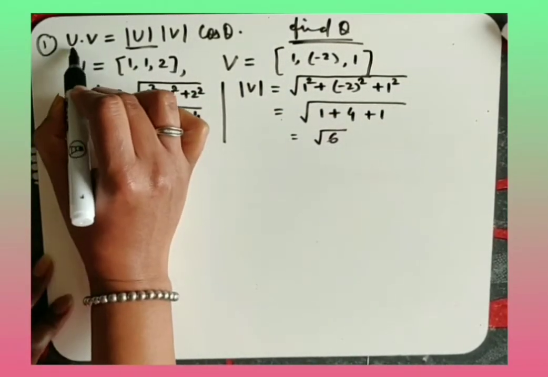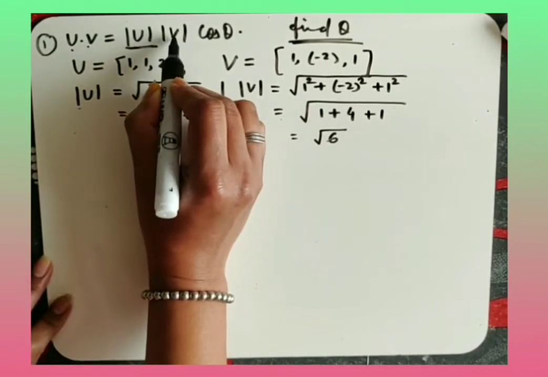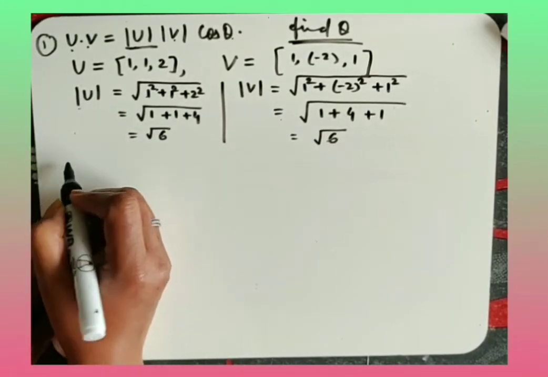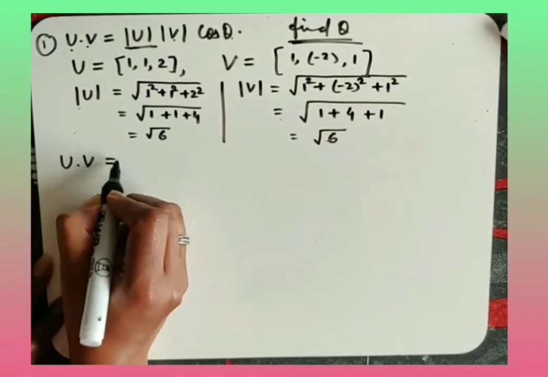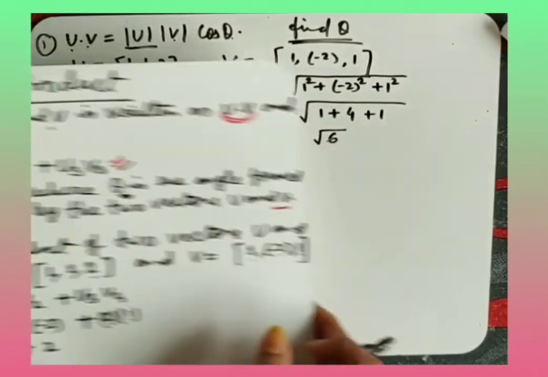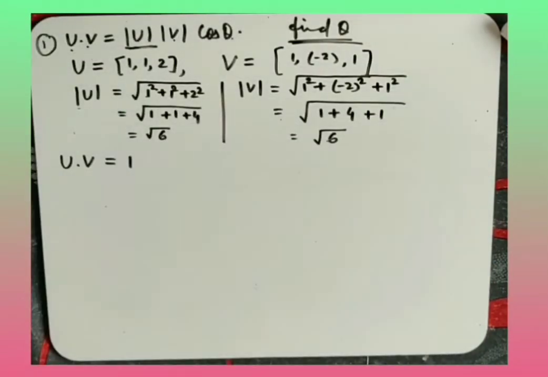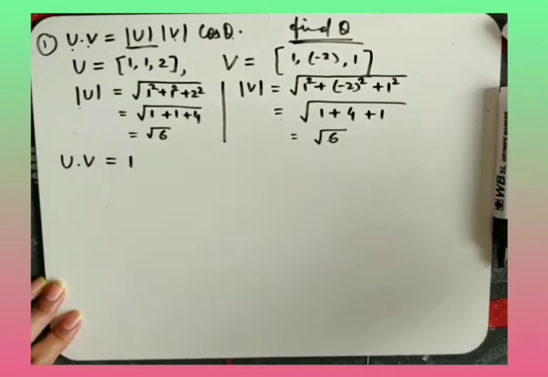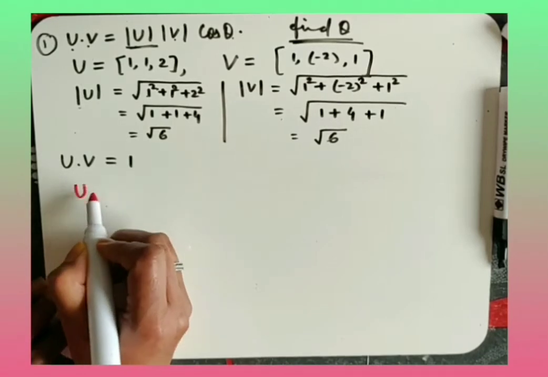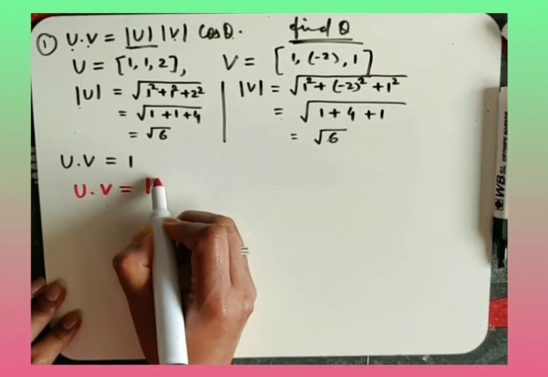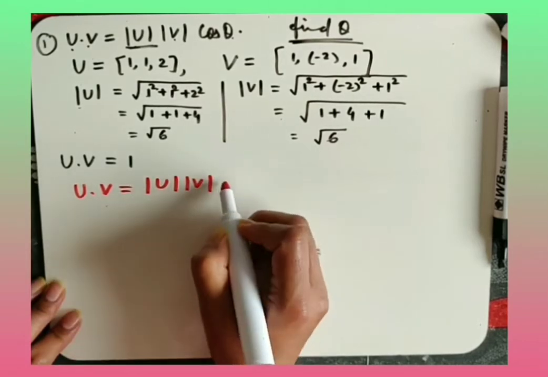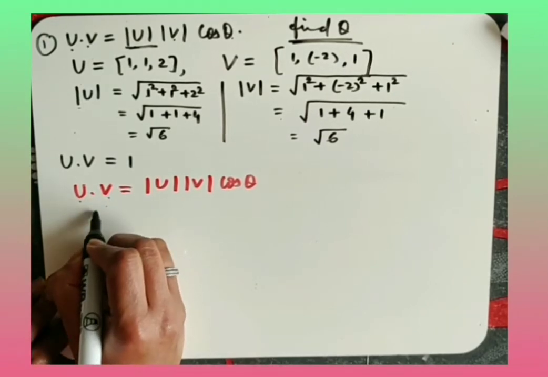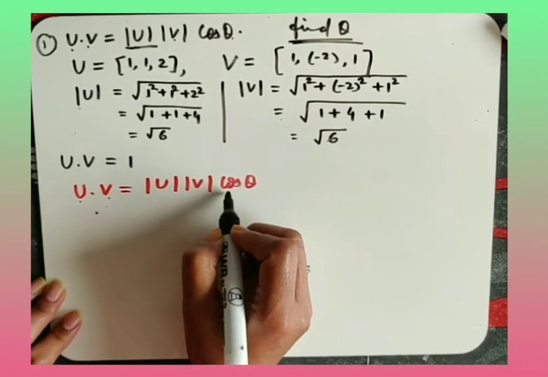Now our formula is u dot v equals mod of u multiplied by mod of v multiplied by cos theta, and from the first part of the question we found u dot v equals 1. Writing this formula again so that you can understand: u dot v equals mod of u mod of v cos theta. So u dot v equals 1, and we try to find cos theta.